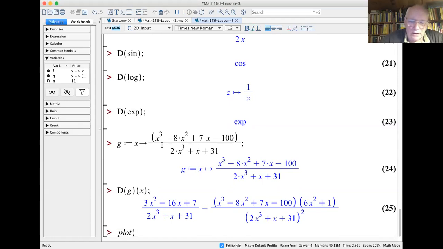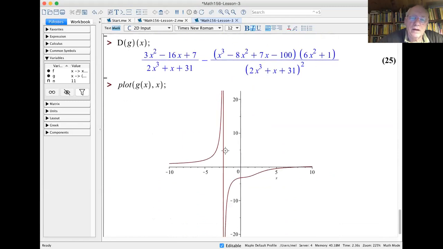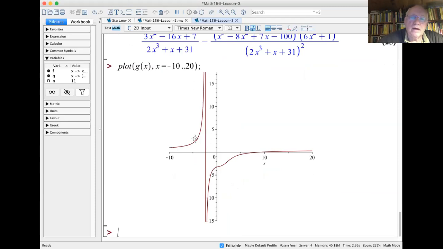If we plot g of x, seems to look like this. Here, we have a vertical asymptote. What if I take a broader range? Suppose, say, x goes from minus 10 to 20.